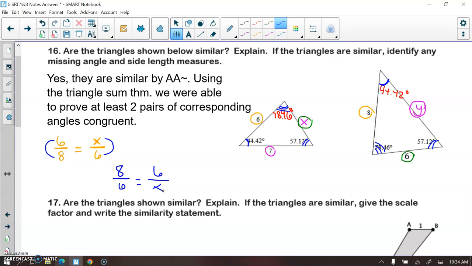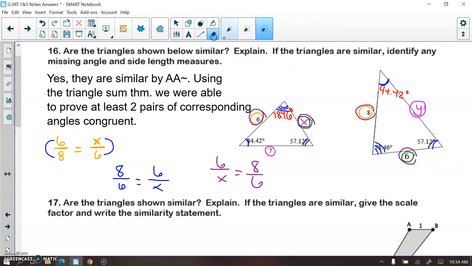You could have also chosen two sides from the same triangle, so a 6 over an x over an 8 over a 6. There's so many ways that you can set up the similarity proportion. It does not need to be completely identical to what I have, but it does need to make sense. The sides need to be corresponding to one another.